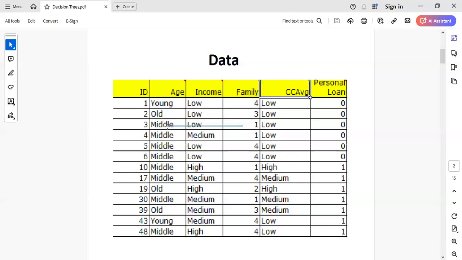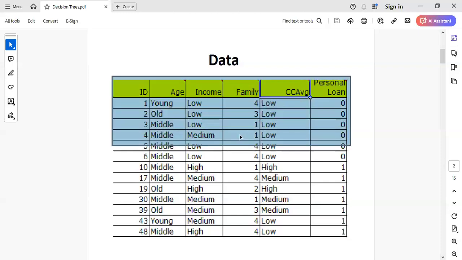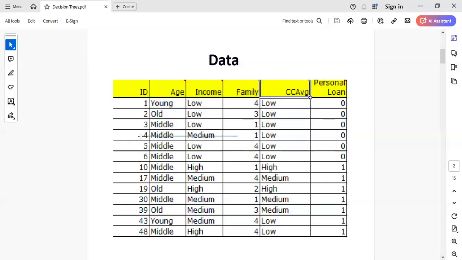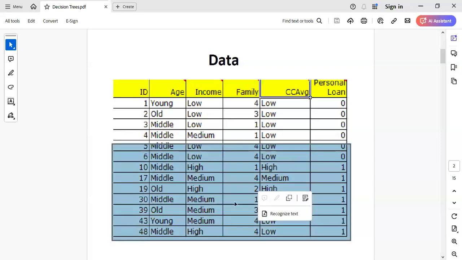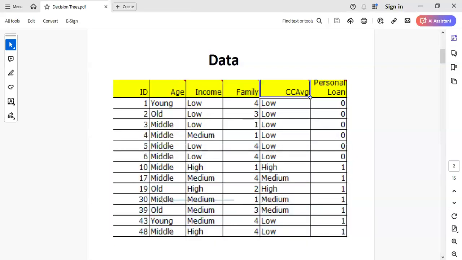Take the first record: it is not young, it is middle, leave it. Family equal to 1, the second record: again it is not young, it is middle. Let us look into the third record. Family equal to 1, it is middle. And the fourth one, family equal to 1, again in age it is middle.